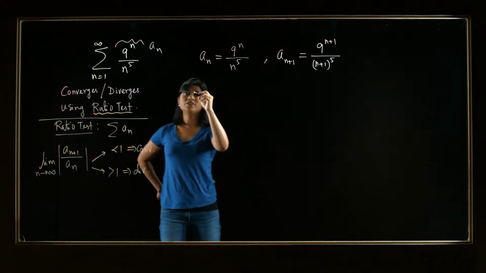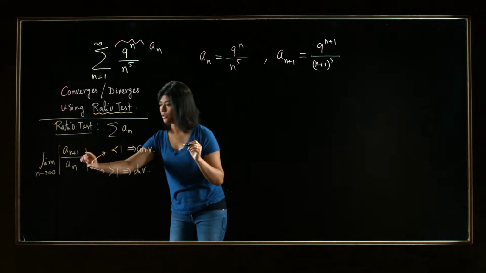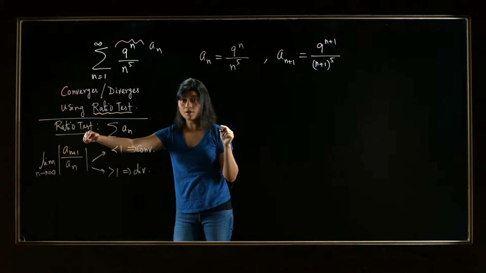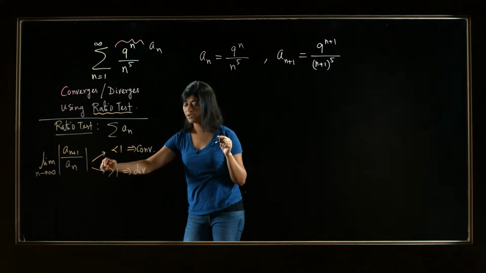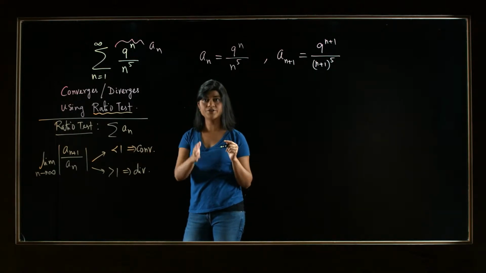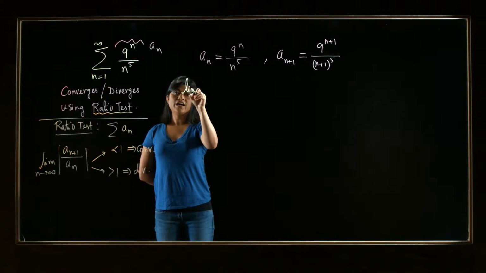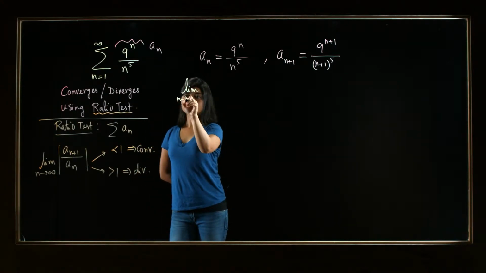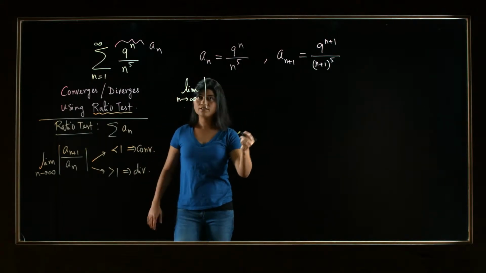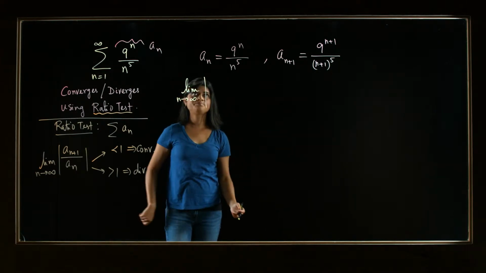Now, form this ratio. Very important to remember, in the ratio, the (n+1)th term is on the top and the nth term is on the bottom. If you somehow switch it, the result will be switched as well, so you have to be very careful about that. We have to evaluate the limit as n approaches infinity, and this absolute value is important as well because you might have negative terms and then you have to make everything positive.